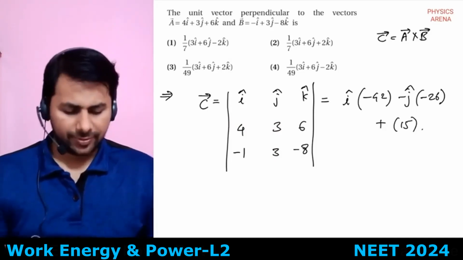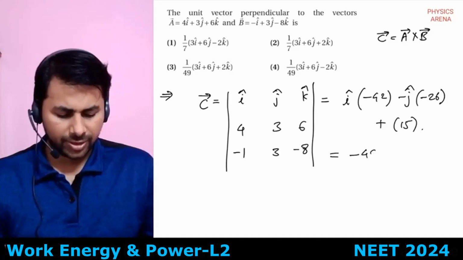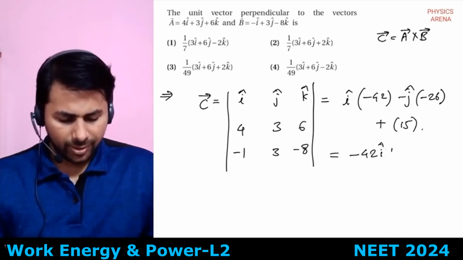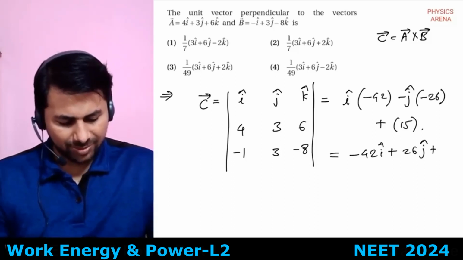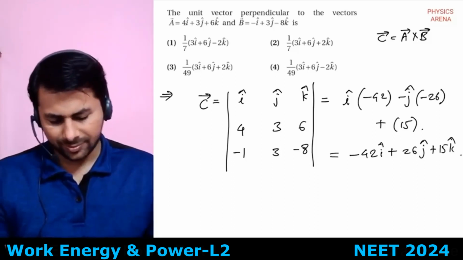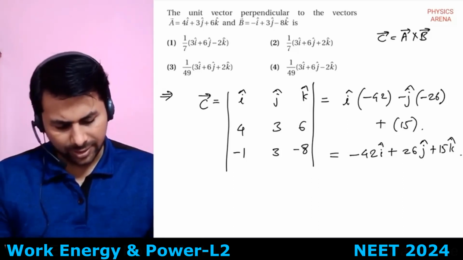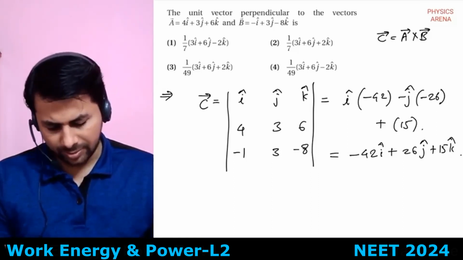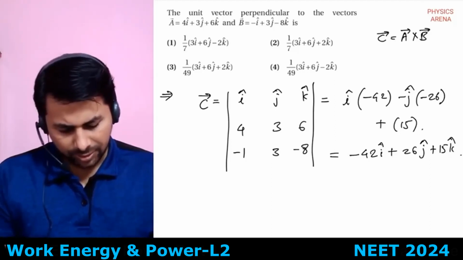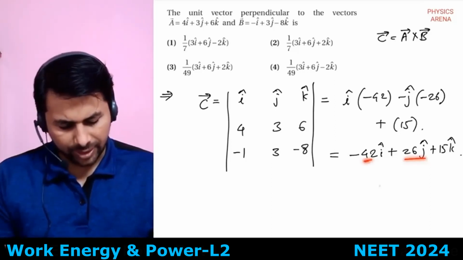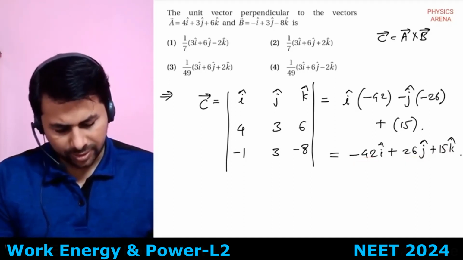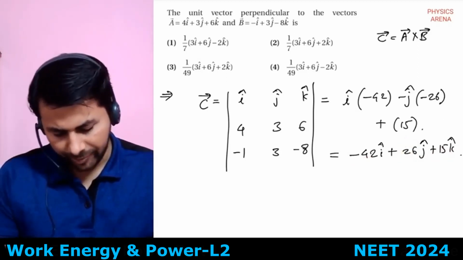You want unit vector. So C bar is minus 42 I cap plus 26 j cap plus 15 k cap. Okay. Can you take something common from this? I don't think you can take anything common. Did I miss something in the second one?